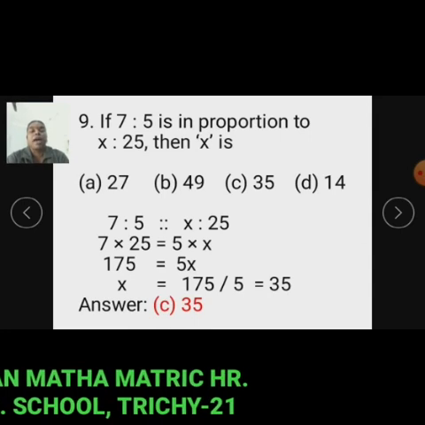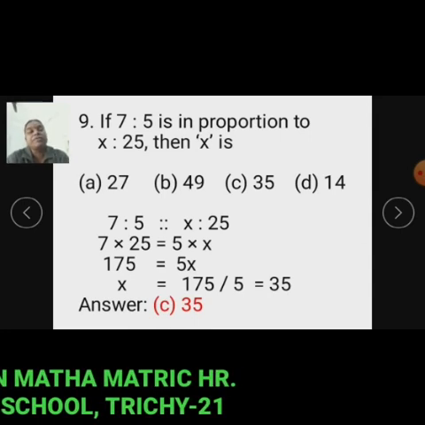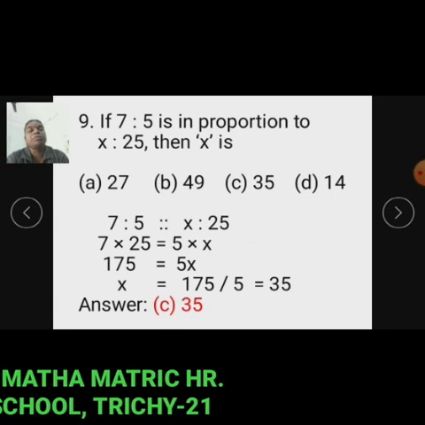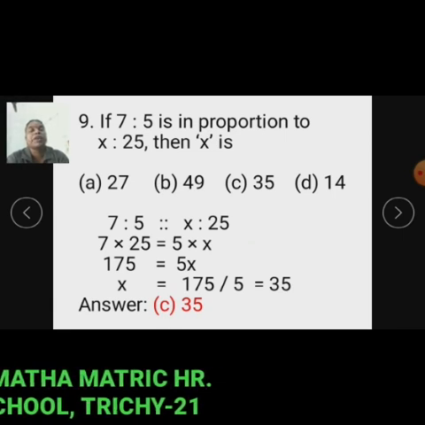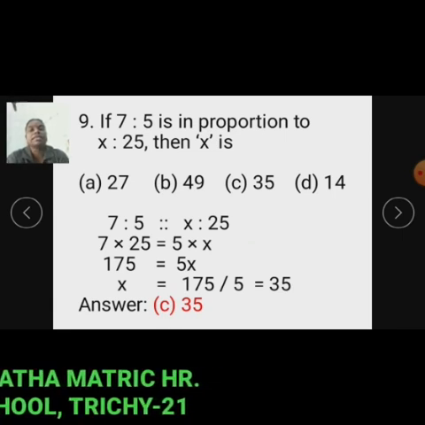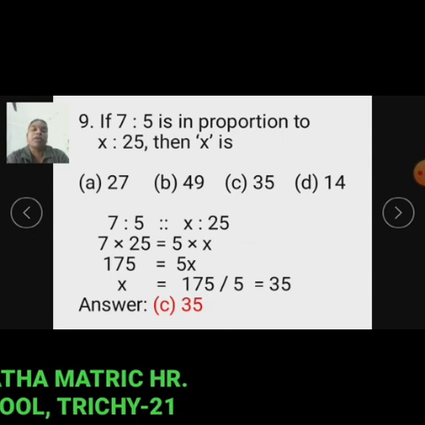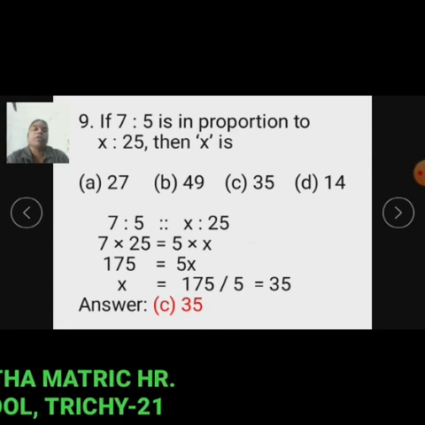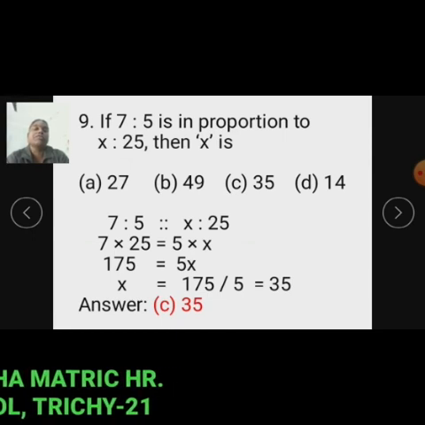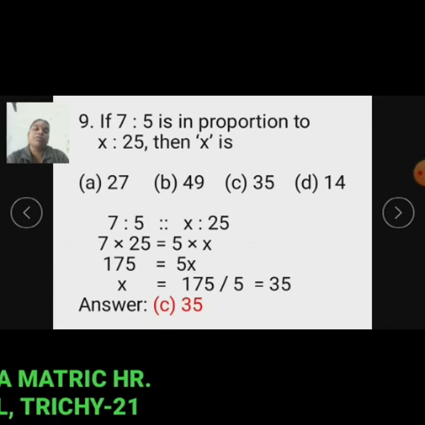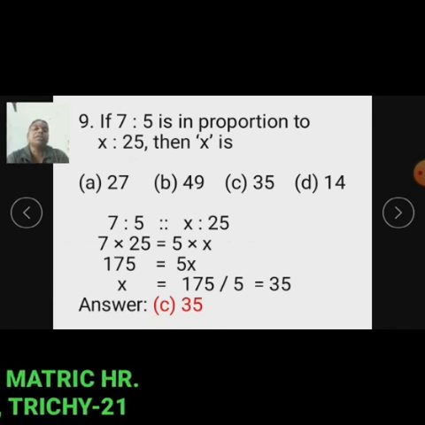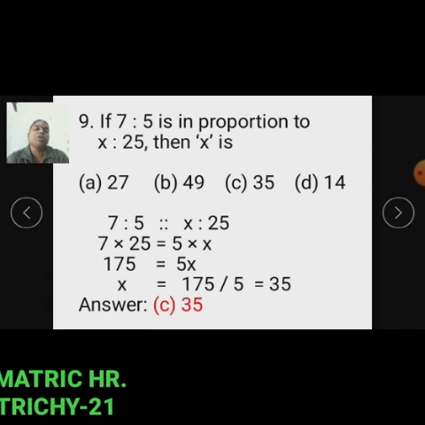Question number 9. If 7:5 is in proportion to x:25, then x is option A 27, option B 49, option C 35 and option D 14. 7:5 is proportion to x:25.